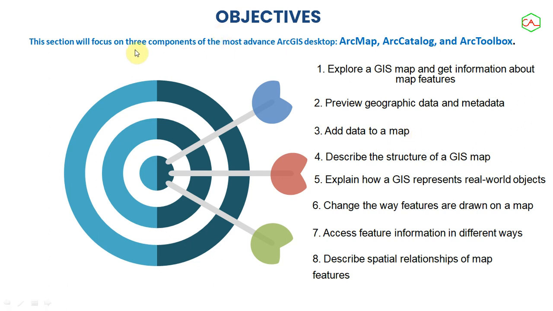So in this section, we're going to focus on 3 components of the most advanced ArcGIS Desktop, which are ArcMap, ArcCatalog, and ArcToolbox. ArcMap is used to make maps from layers or spatial data.